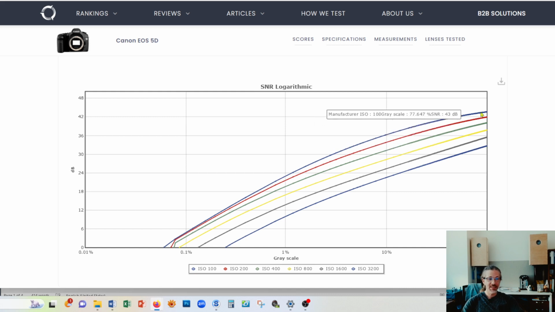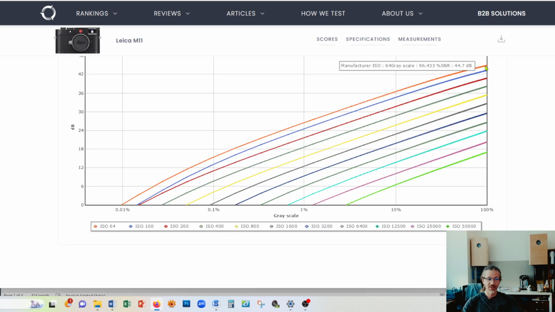And this is not just true for the Canon 5D Classic. When you look at the Leica, you see the same thing. As you go from the highest ISO, then you go lower, the available information content, when the sensor is fully saturated, capturing the maximum amount of light, will be less and less and less.